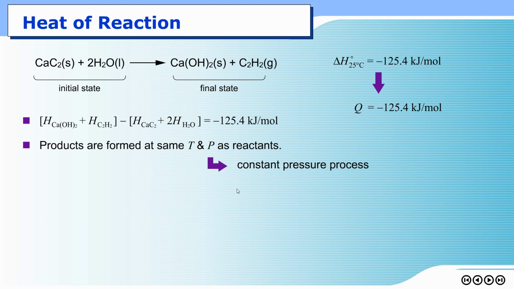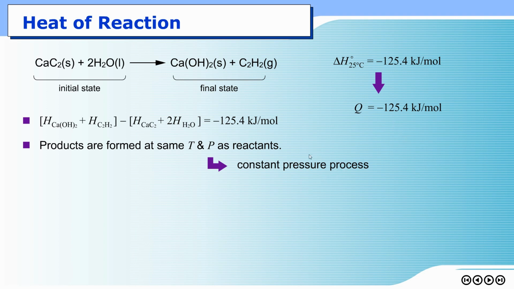We can call delta H under a constant pressure process to be heat, right? Therefore, that's why we call this the heat of reaction. Even though this is what we feel coming out of the reaction, initially the heat of reaction was defined based on enthalpy change.